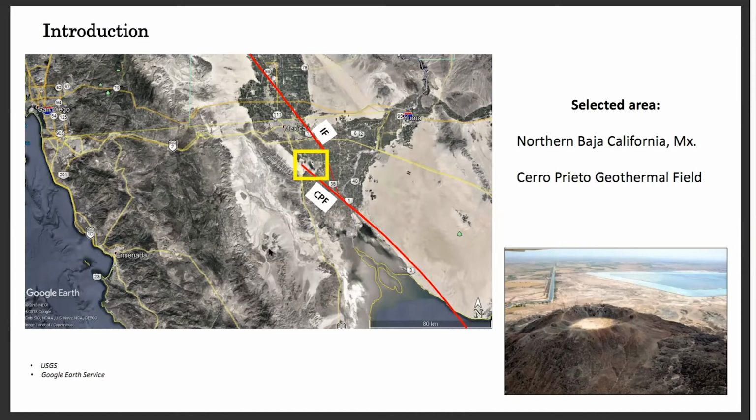Then this is a step over, Cerro Prieto. This is an aerial image of that area, and this is the volcano, which is right here, more or less.